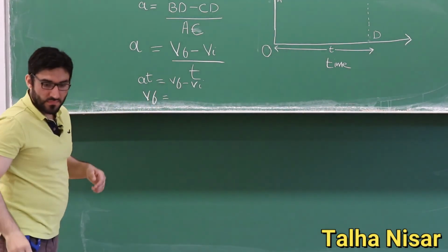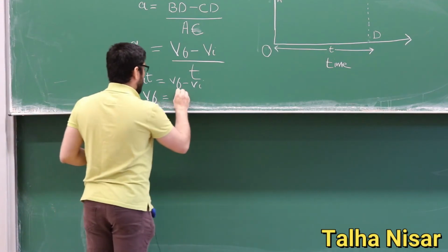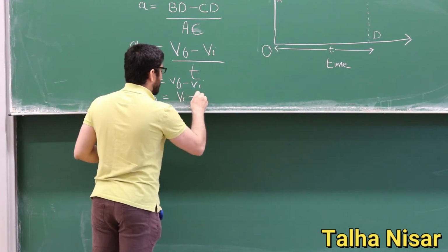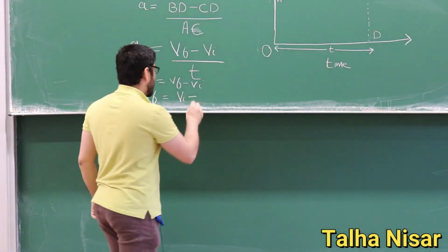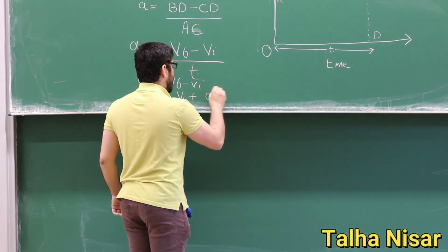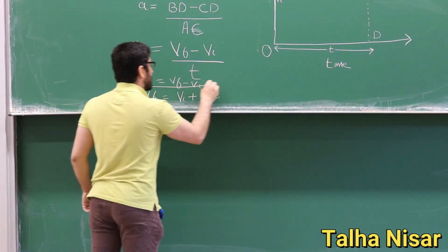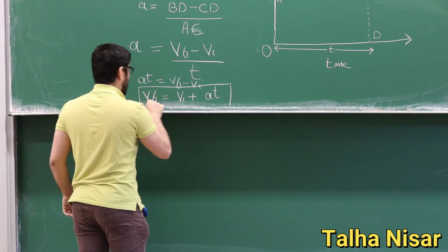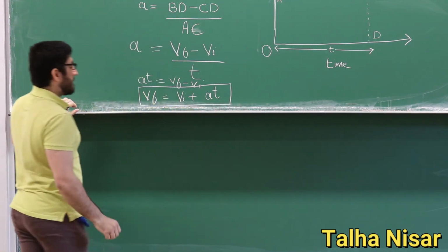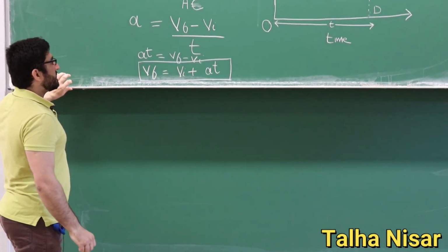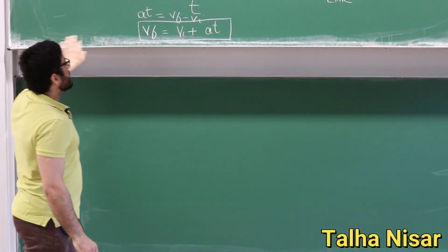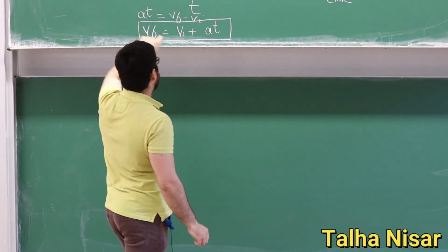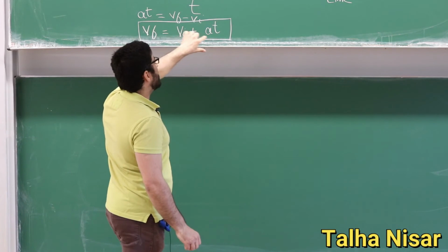Or vf equals vi plus at. So this is the first equation of motion: final velocity is equal to initial velocity plus at.